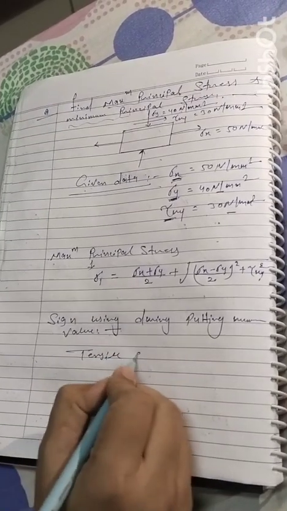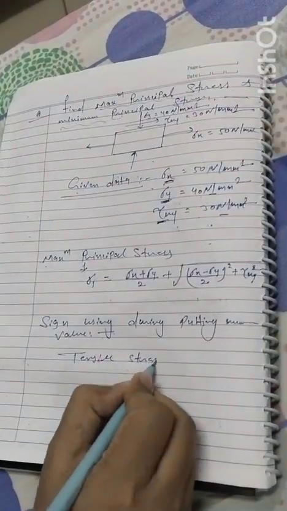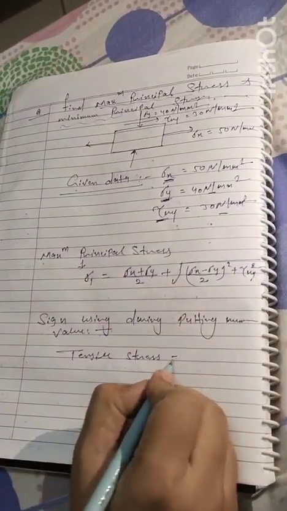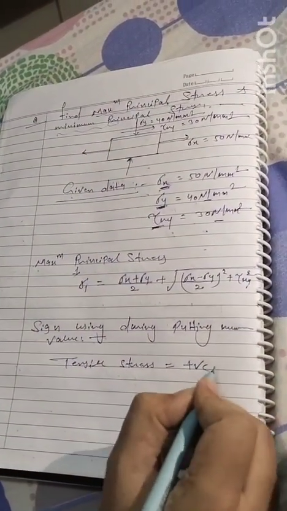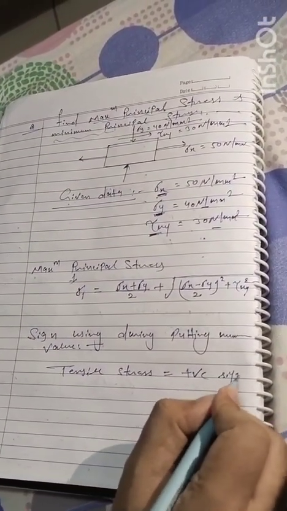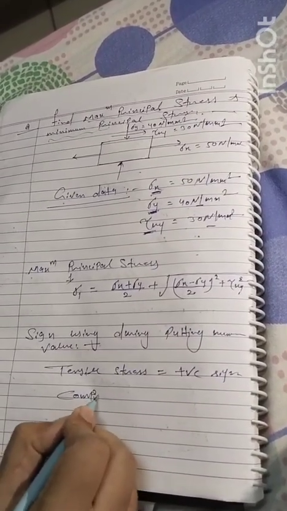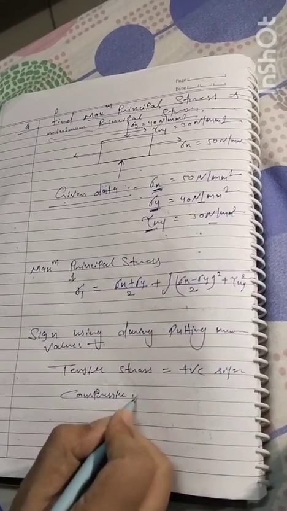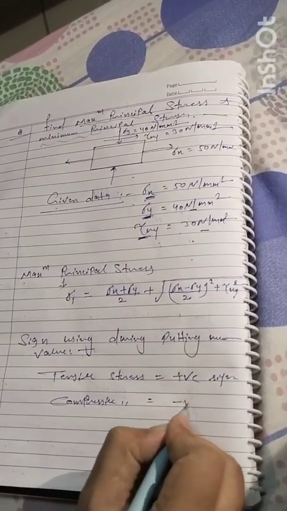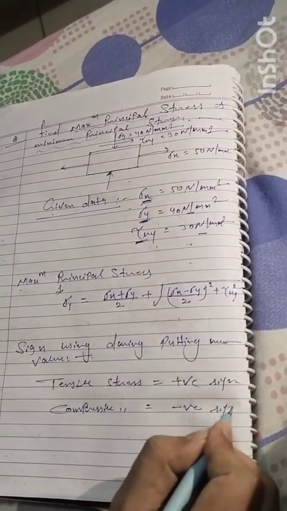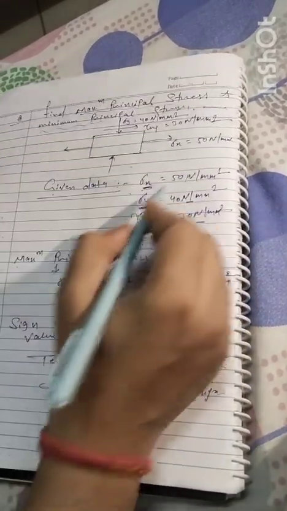If you are putting the value of tensile stress, you have to take the positive sign. If you are putting the value of compressive stress, you have to take the negative sign of that value.